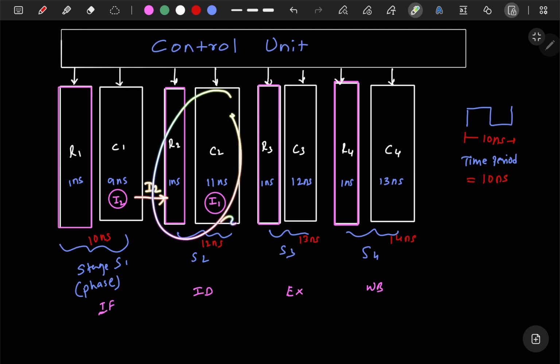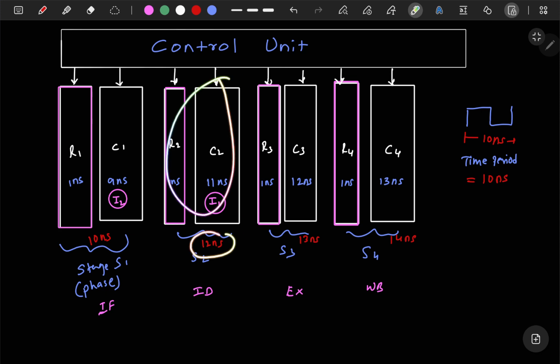But phase 2 takes 12 nanoseconds to complete its process, and meanwhile I1 has already reached phase 2. Now there is an overlap, because phase 2 has not completed its process and I1 has already come to phase 2.